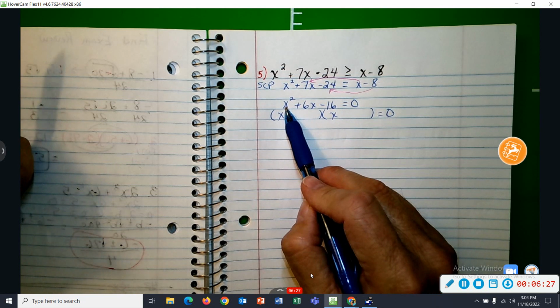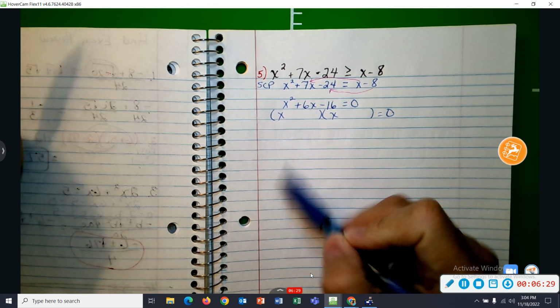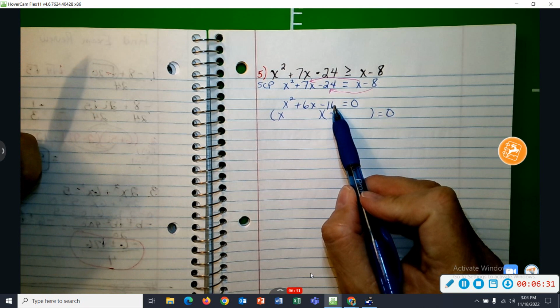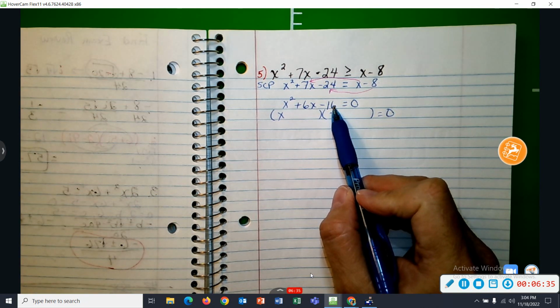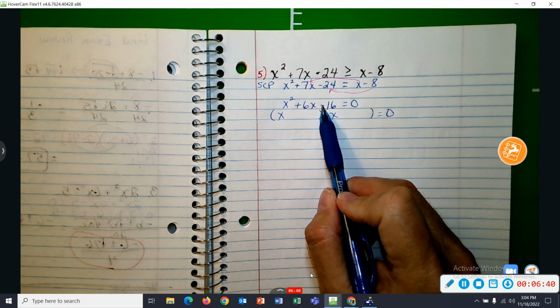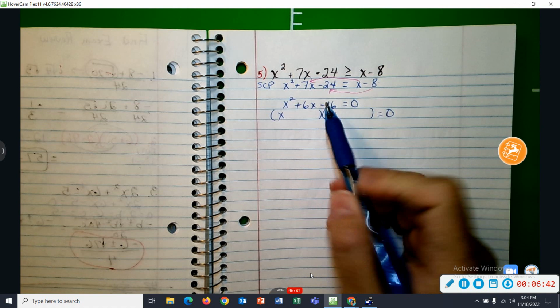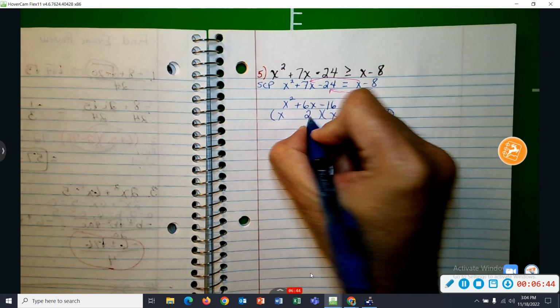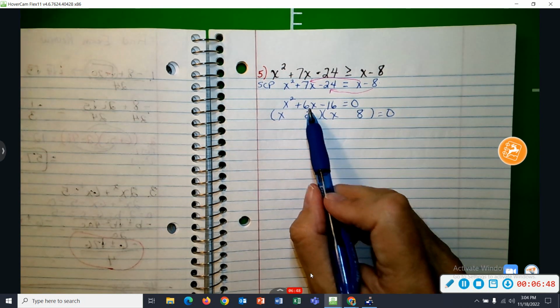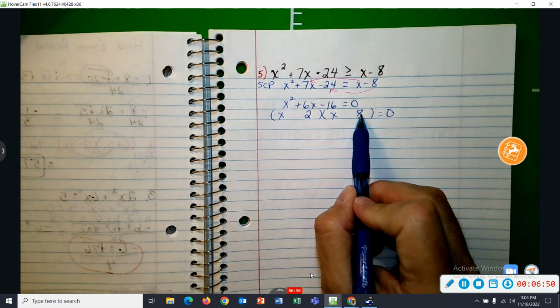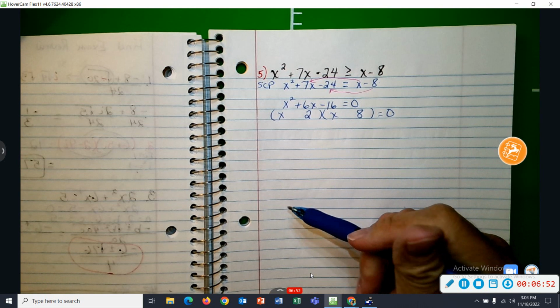This is a simple trinomial because you just put x and x. So it's easier to figure out which pair of numbers work. 1 times 16, 2 times 8, or 4 times 4. Since the second sign is minus, we have 1 plus, 1 minus. It's going to be 2 and 8, right? Those are the numbers that subtract to give us 6 and multiply to give us 16.